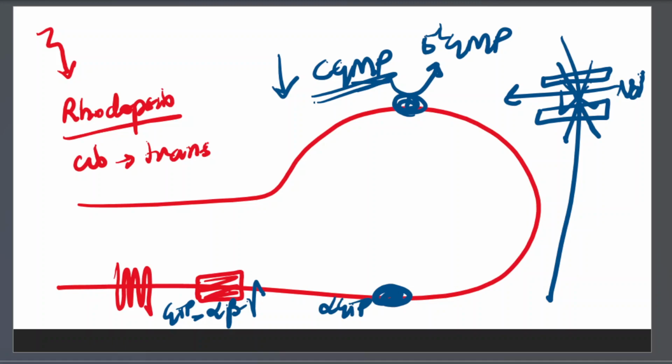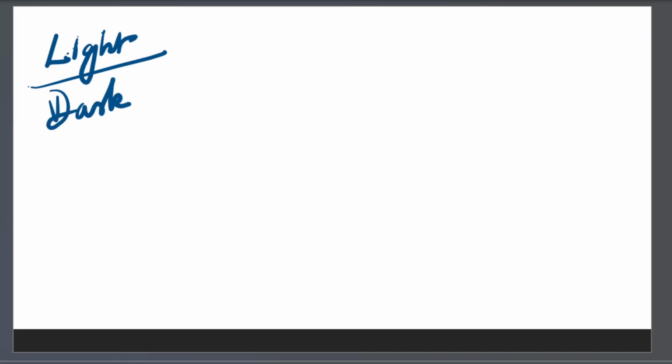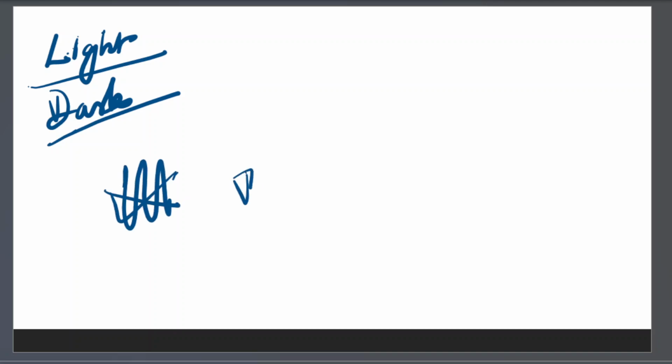All right. Now, what happens in dark in contrast? We have talked about light. Whenever light falls on your retina, the following reactions would happen. Now, what happens in dark? The opposite happens, is it not? Your rhodopsin is not activated. Your transducin is not activated.